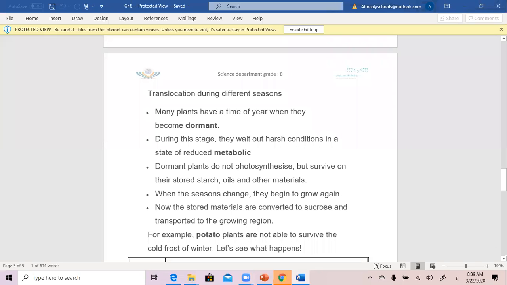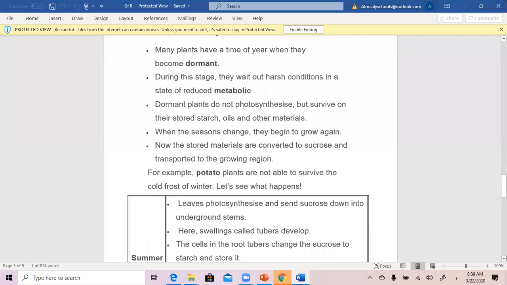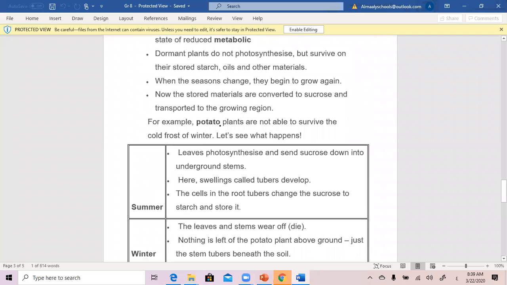For example, to understand this, you know the potato. Potato plants are not able to survive the cold frost of winter. Let's see what happens. Number one, in the summer, the leaves photosynthesize, and sucrose grows down into the underground stem.